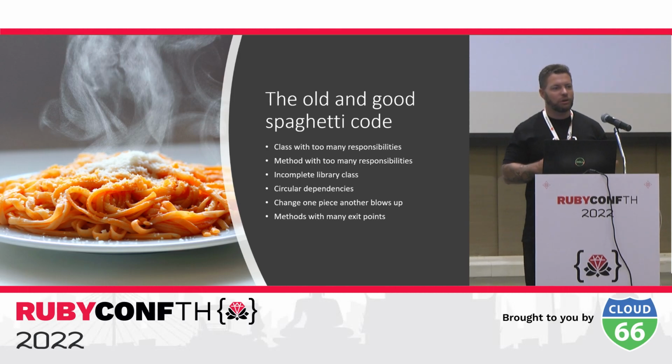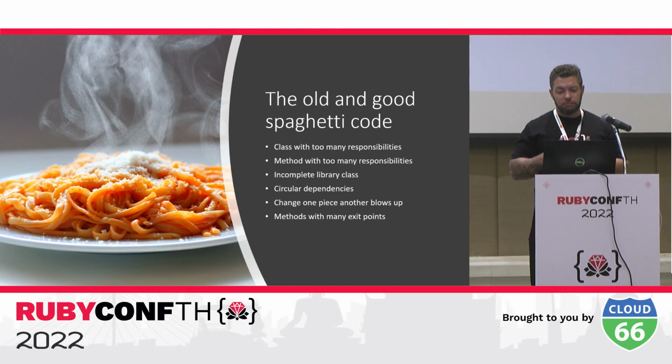And that's the worst scenario. In the best case scenario, you'll have some classes that are handling too many responsibilities, methods that are too big, that are doing too many things. You might have an incomplete class library that you are extending in your code and shouldn't be.